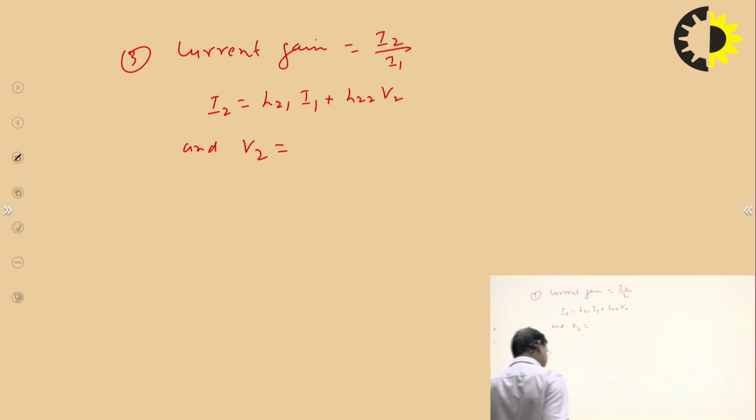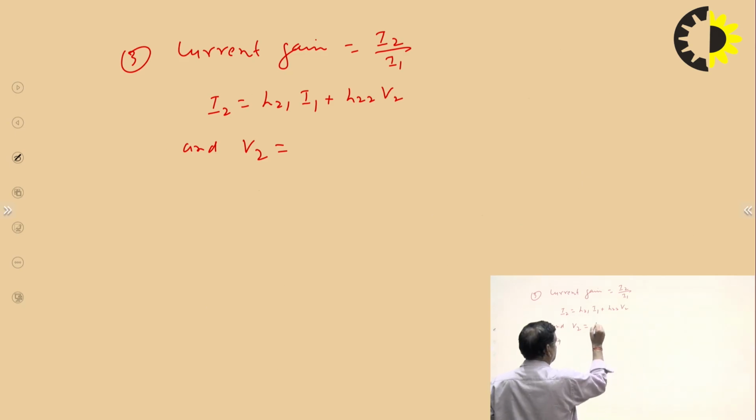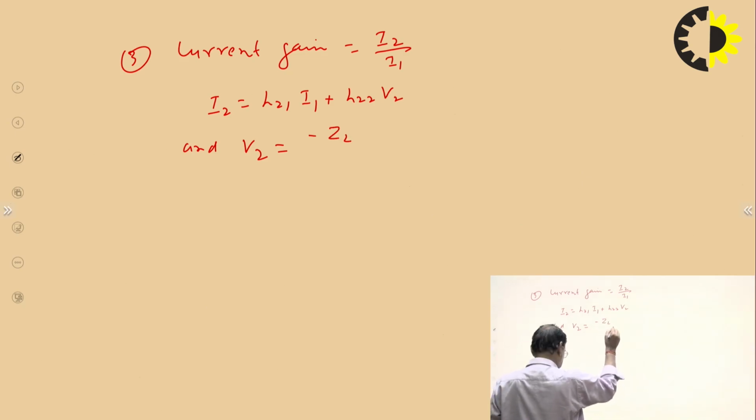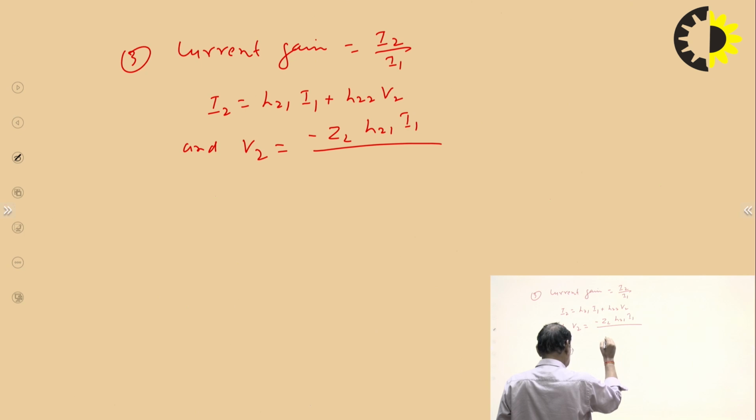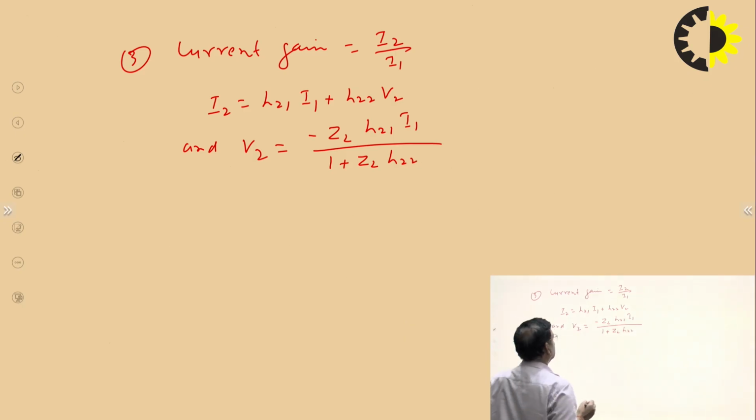From the previous relations we can write V2 in terms of ZL as minus ZL H21 I1 upon 1 plus ZL H22.